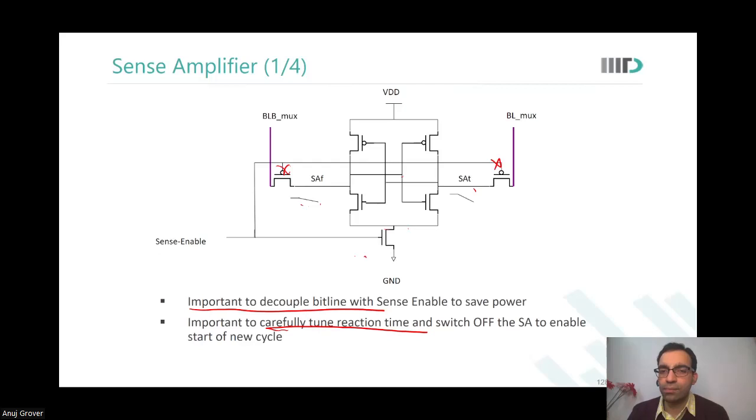As soon as I turn my PMOS on, whichever side had more discharge will discharge more, and the other side would kind of restore to 1. So as we said, this one discharges to full 0, the other side goes to 1 because of the latching operation.